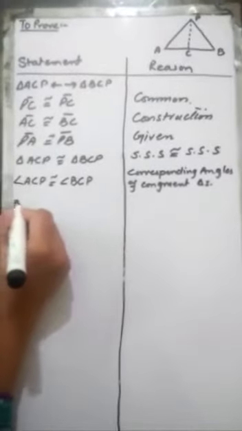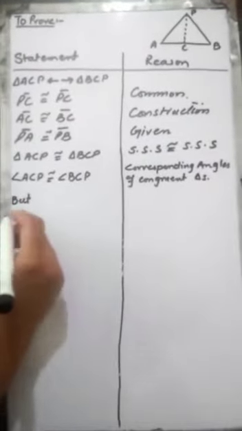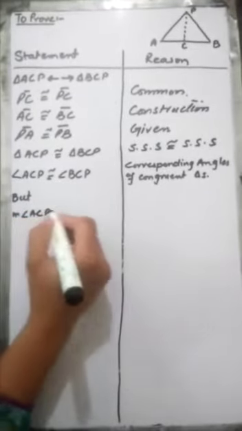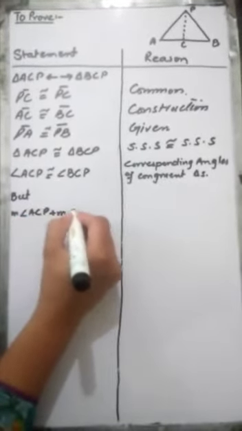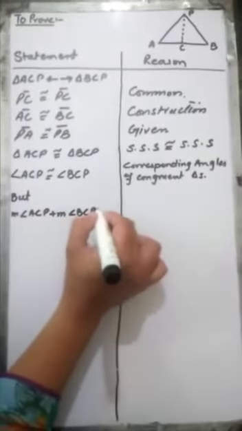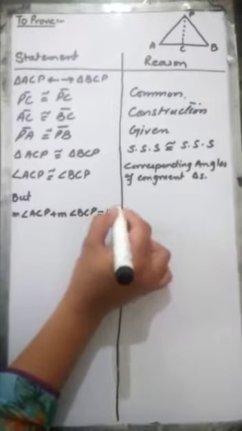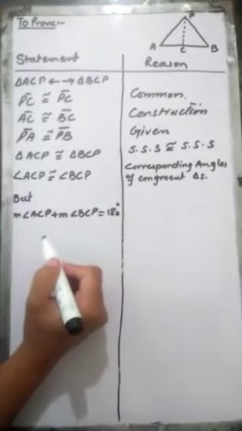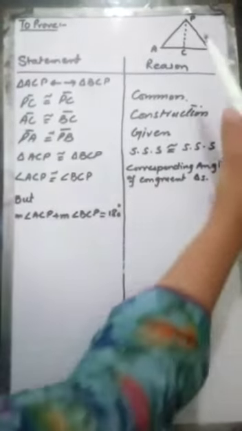But we can see that measure of angle ACP plus measure of angle BCP is equal to 180. How? Because they are supplementary angles. Why are they supplementary angles?